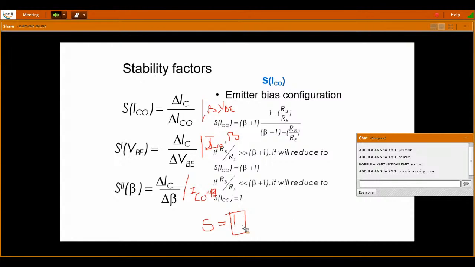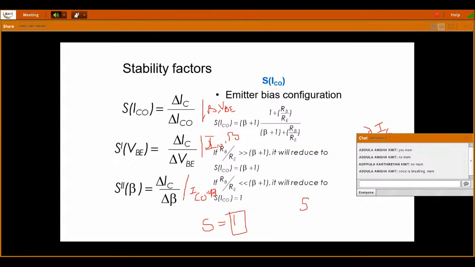If it is greater than 1, then it is treated as poor. For example, in a fixed biasing network, if I am calculating dou IC divided by dou IC naught, it is equal to beta plus 1.